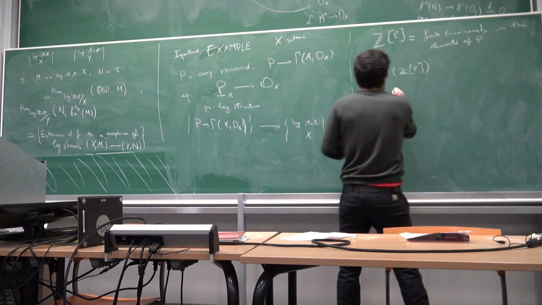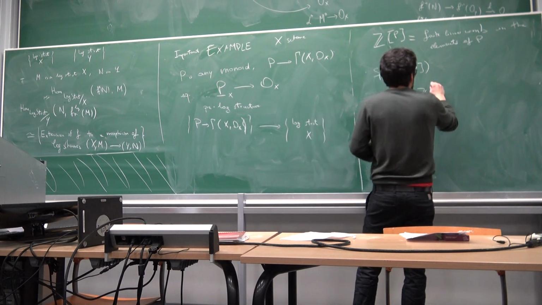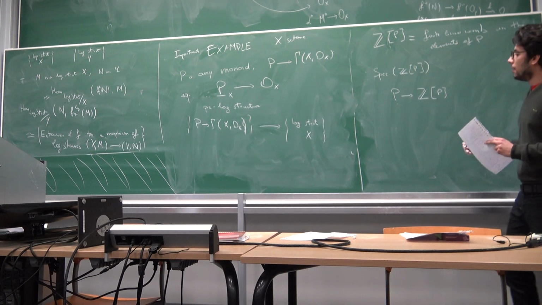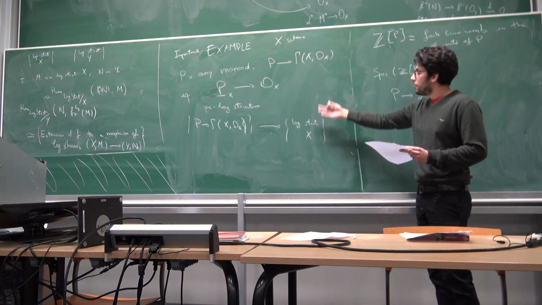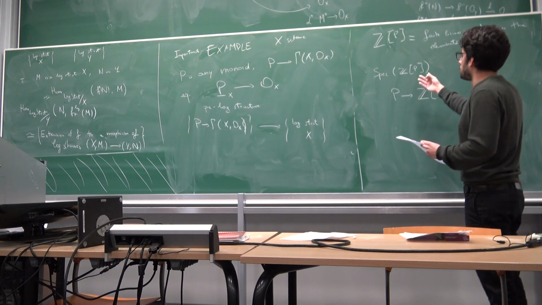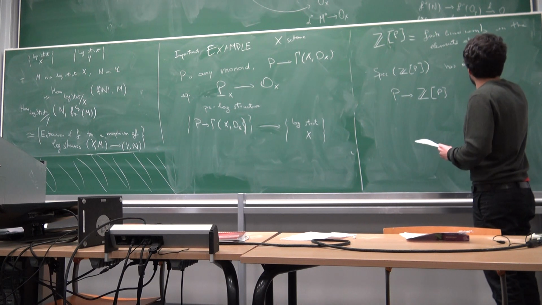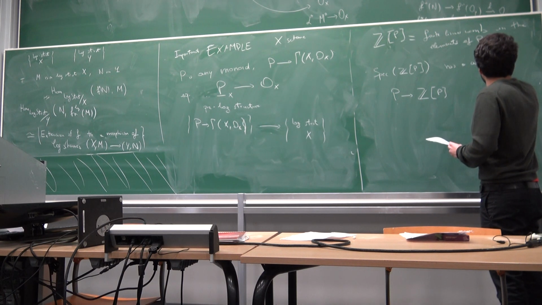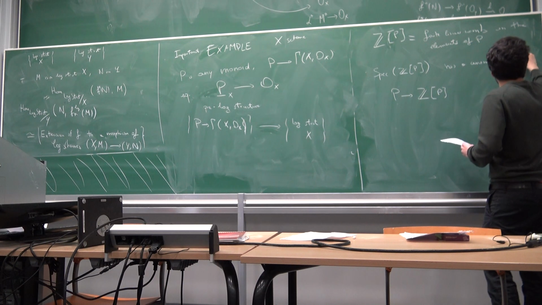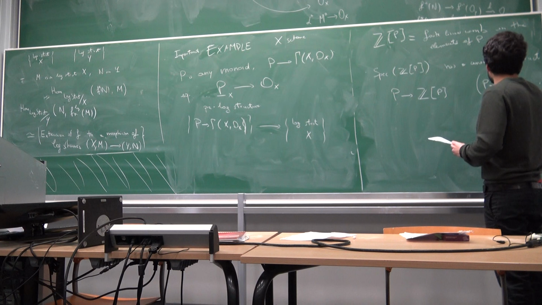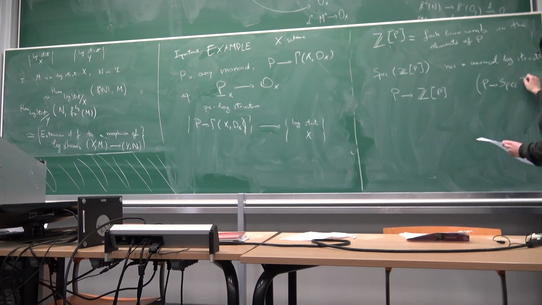And the canonical map, an obvious map from P into ZP, will induce a log structure on Spec ZP. So this space has a canonical log structure, and we will sometimes write P onto Spec ZP to denote this scheme with this log structure.